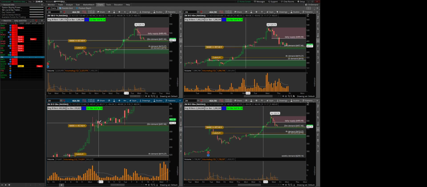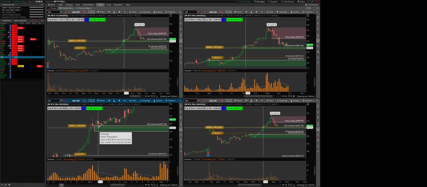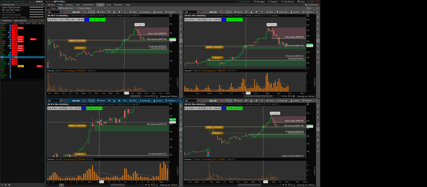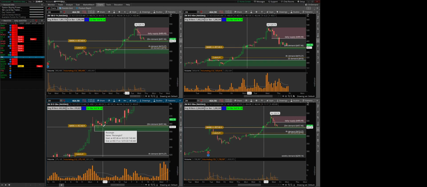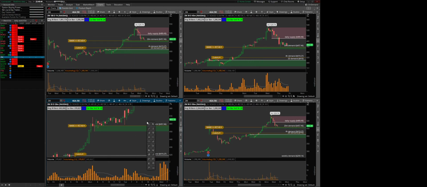Now price opened up here on this red candle. Sellers tried to push price lower. Those buy orders were large enough to overtake the sellers, so they pushed price back up, and we weren't really truly able to retouch this zone, this 20-minute demand, and we just continued to rally.